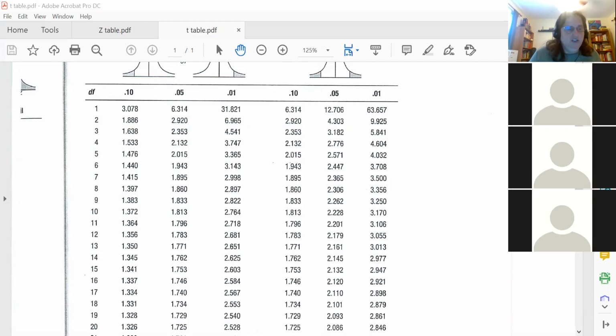The changed instructions significantly increase the rating of being at fault. What's the null? The changed instructions did not significantly increase the rating of being at fault. So alternative is what the researcher believes. The null is not that.